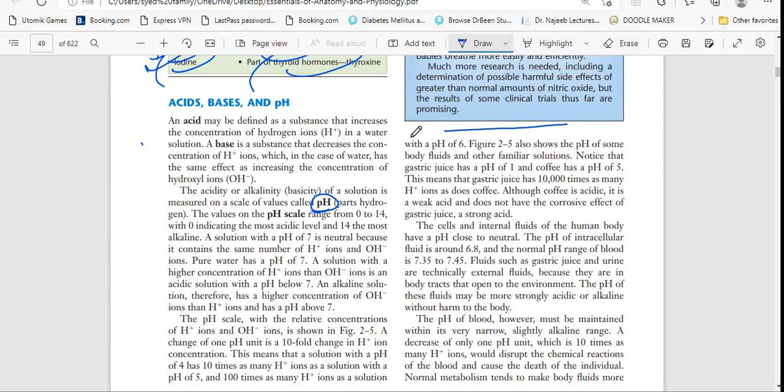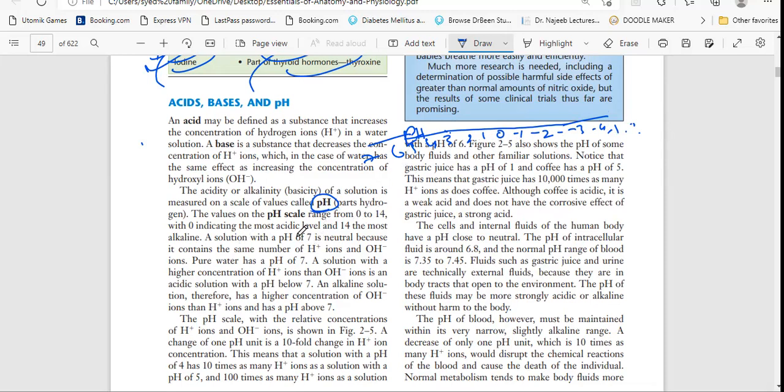We have a pH tape, in which we have 0, -1, -2, -3, 1, 2, 3, 4, 5, 6, 7. Here you have -4, -5, -6, etc. We have the range from 0 to 14.